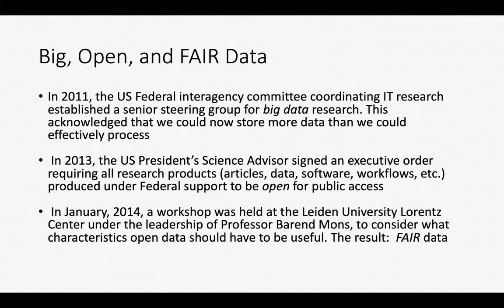So basically, there's more data than we could ever actually act upon. In 2013, the US Presidential Science Advisor stated that all research products produced under research support should be open for public access. I think people who are familiar with grants are seeing this more and more.